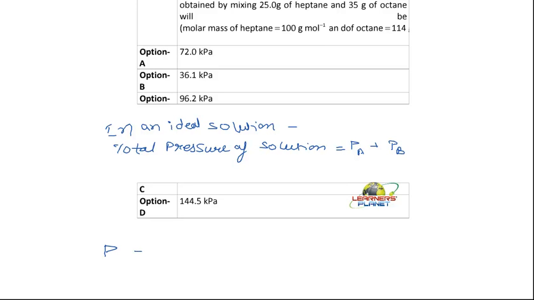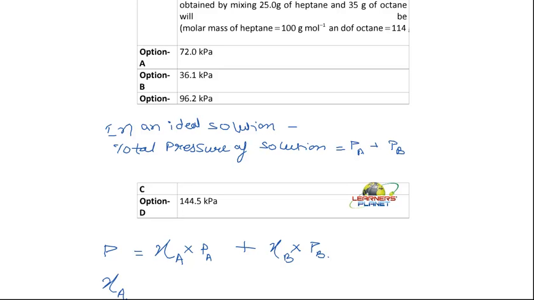You have to find out the total pressure, that is P. What is the partial pressure of A? The mole fraction of A multiplied by the pressure of pure A, plus the mole fraction of B multiplied by the pressure of pure B, the pure solvent.